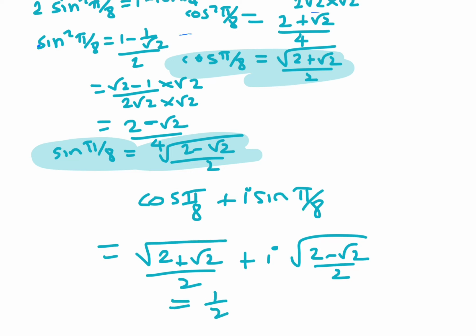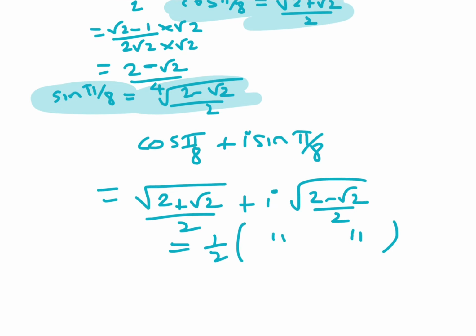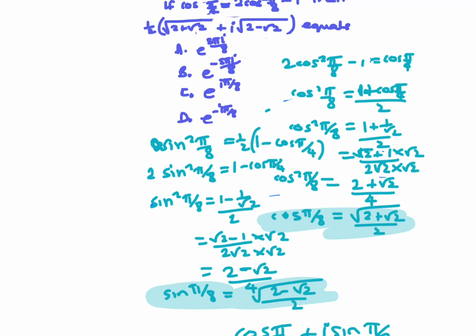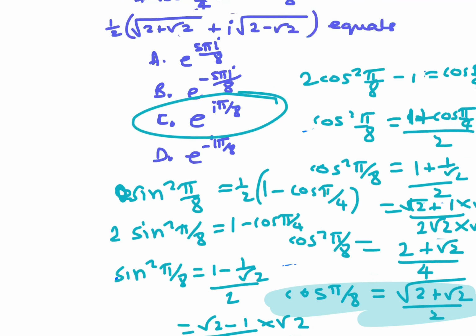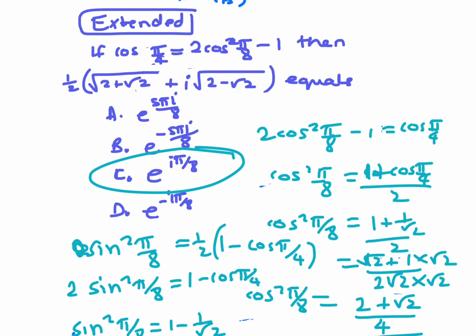So that's a half times all that. That is exactly the same as cos pi on 8 plus i sine pi on 8, so it's going to be e to the i pi on 8. So when you are looking at this multiple choice question here, e to the i pi on 8 will be equal to this number.